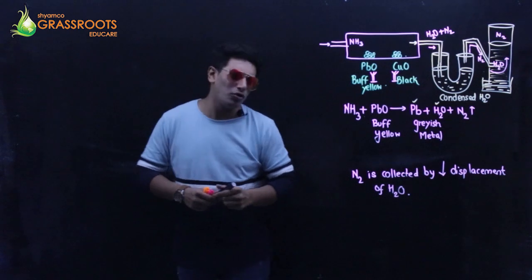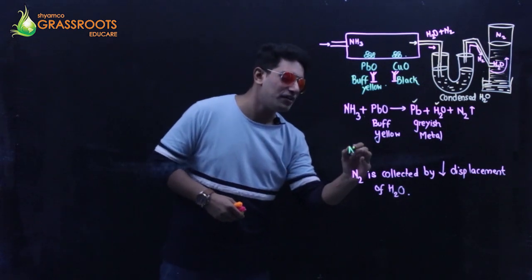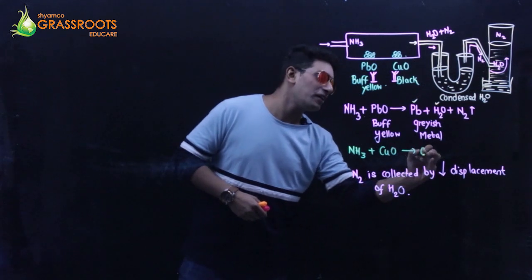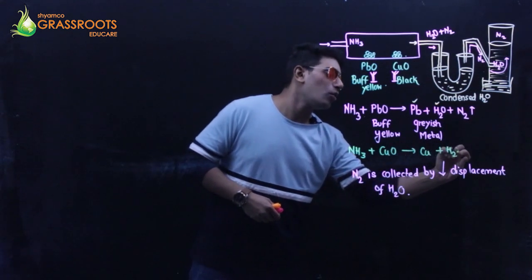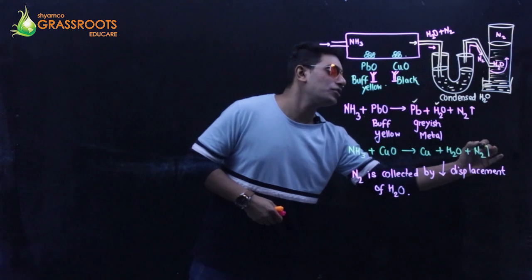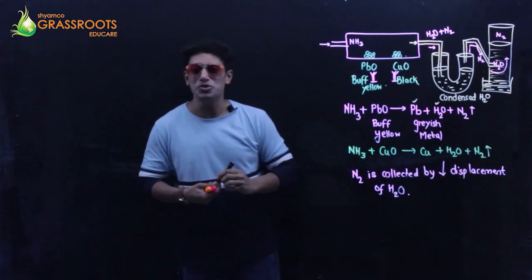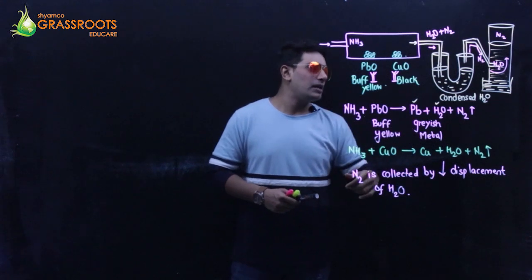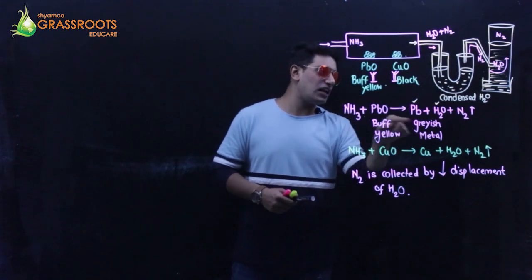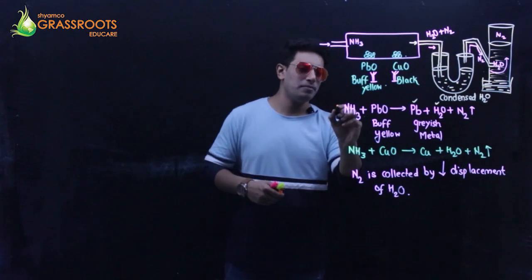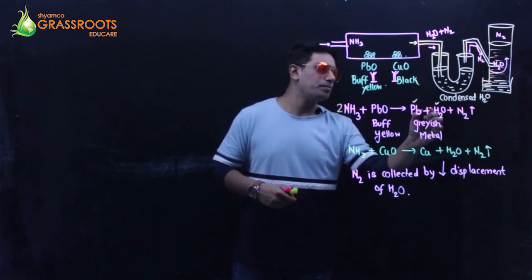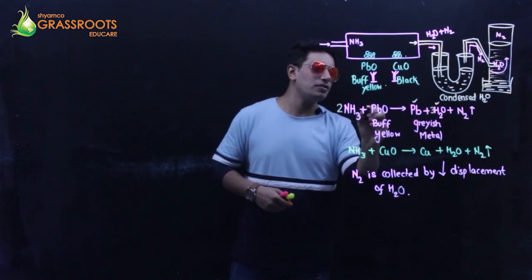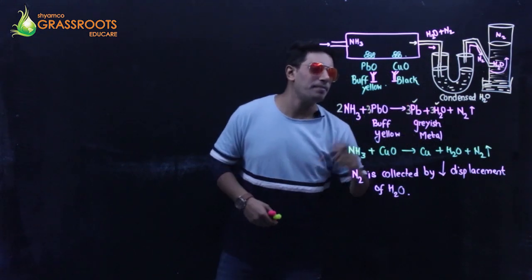Apart from this, I have not written one more reaction I should have. Ammonia also reacts with copper oxide, forming copper residue, H2O, and nitrogen liberated. If you happen to balance it out, students, lead is balanced. Hydrogen 3, hydrogen 2, so multiply by 2, multiply by 3. So we have 3 oxygen, 3 lead. That's balanced.